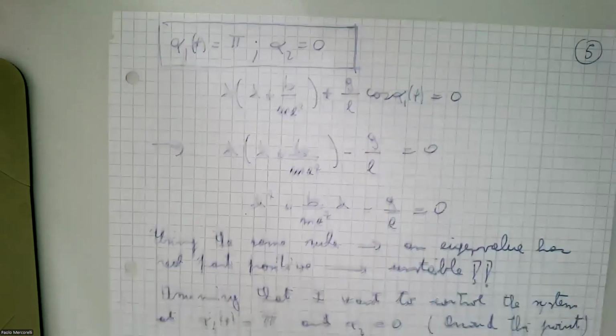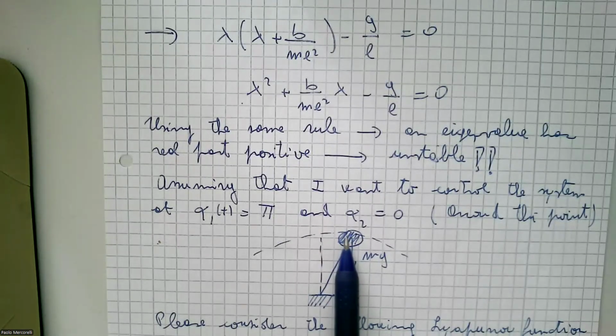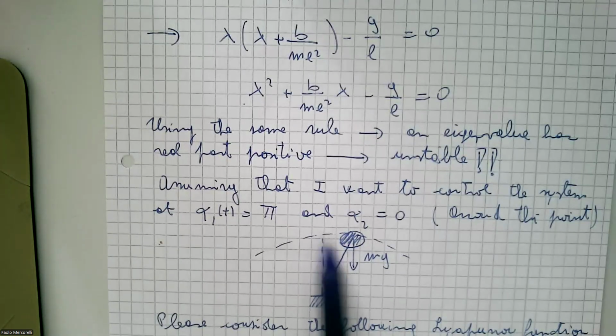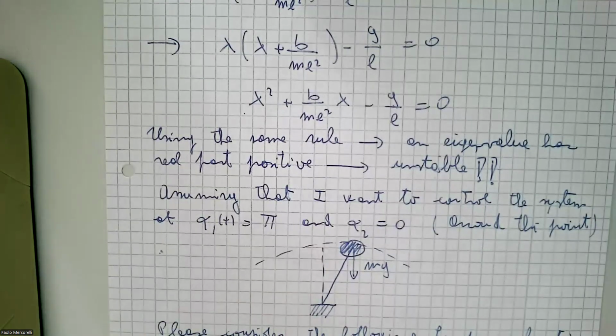Okay, this means that this upper part is intuitive, of course. This equilibrium point in the upper part is unstable, because we can demonstrate that one eigenvalue is positive, excuse me.